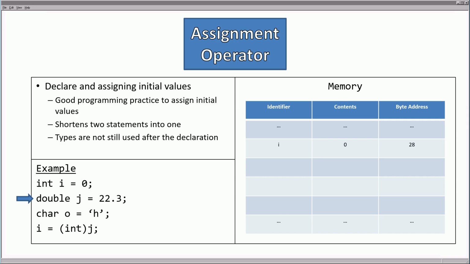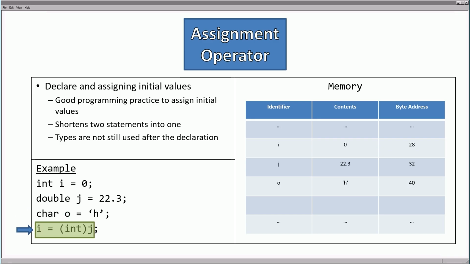Moving down to the next statement, the first thing is we declare this variable j. So this reserves 8 bytes in memory and then assigns the value j is equal to 22.3. We move down again. We declare this character O and then assign it to the value, the character h.